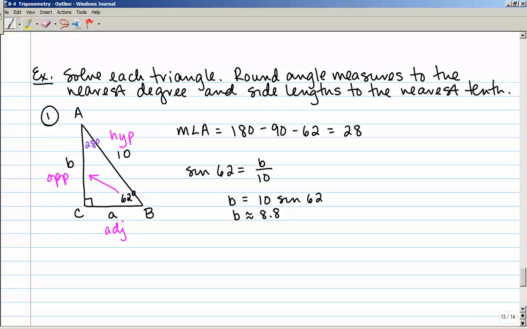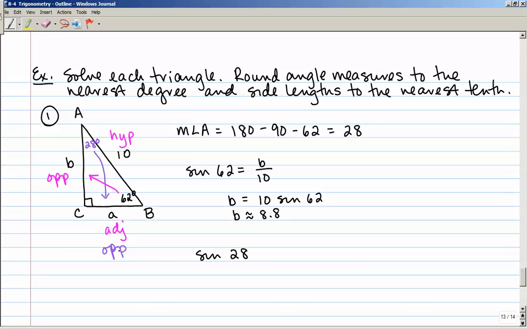And now to find a, little a, I'm going to use the 28, and this is going to be my opposite now, and I have my hypotenuse there. So again, I'm going to do sine of 28. Remember, I'm looking at the purple now.